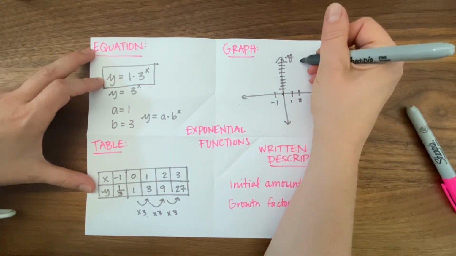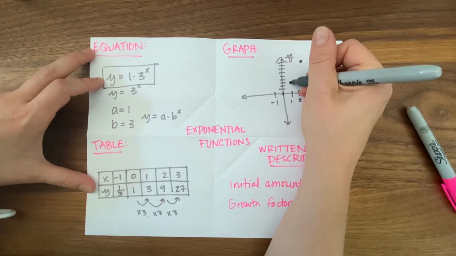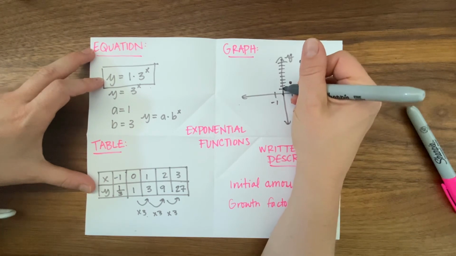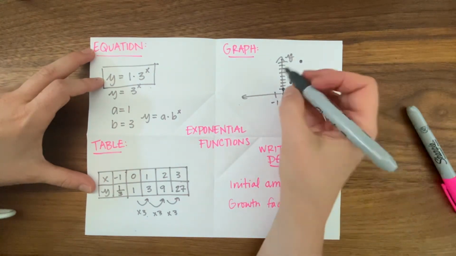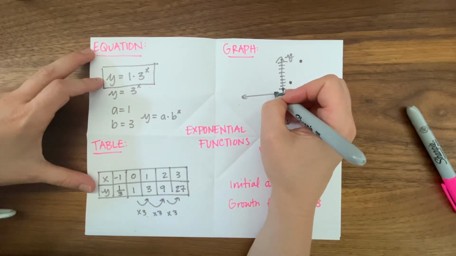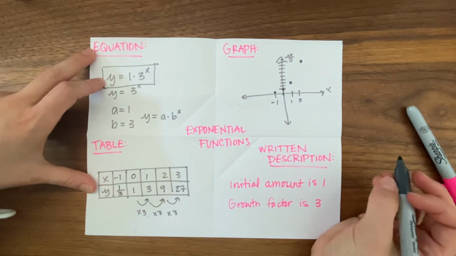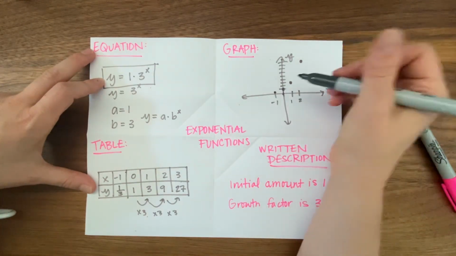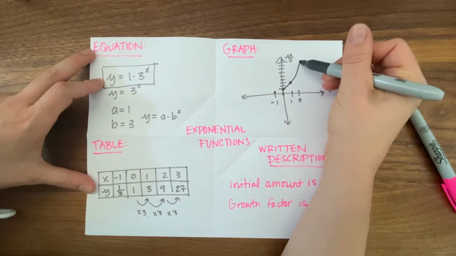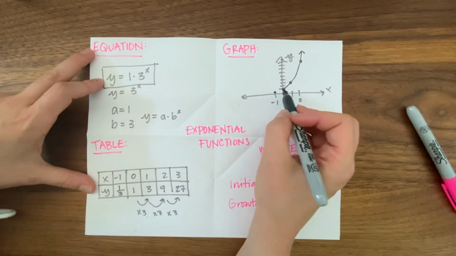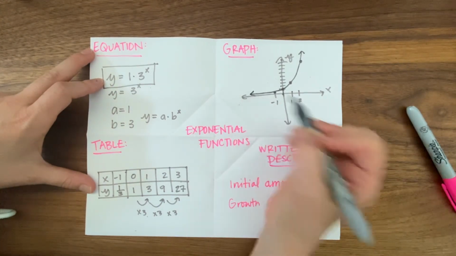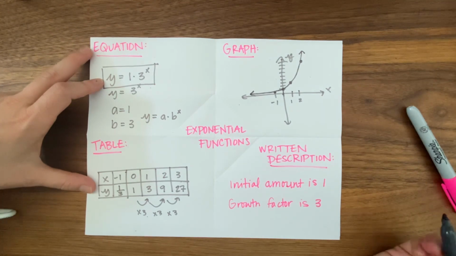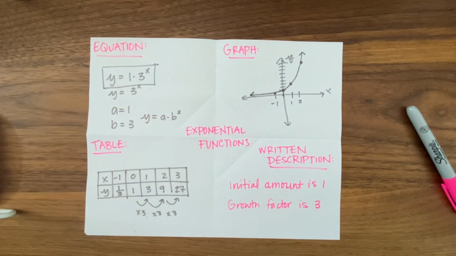Okay, so I have 2, 9, 1, 3, 0, 1, my initial amount. And this one's hard to graph. -1, 1/3. You just have to estimate it. Doesn't have to be perfect. But because I know what the general shape should be, I can fill in the rest. There we have it. We'll move on to another example. Maybe we'll start table first.